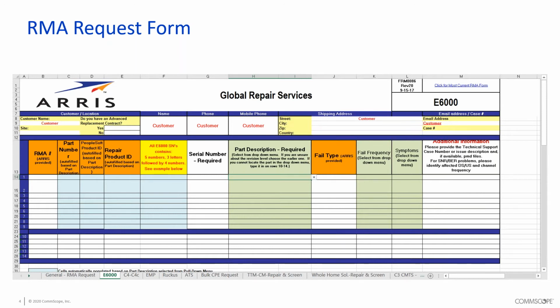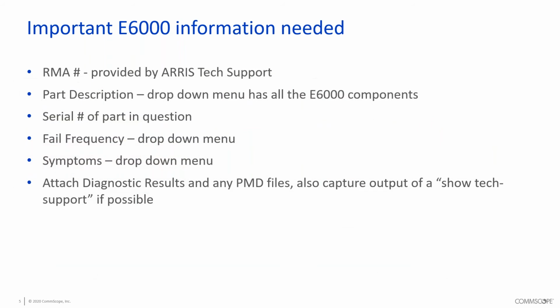So the important information you're going to need to fill out this RMA sheet: you're going to need the RMA number. That's going to be provided to you by the tech support personnel, so go ahead and put that in. You'll need a part description. There is a drop-down menu in that column where you can select the particular E6000 component that you want to RMA.